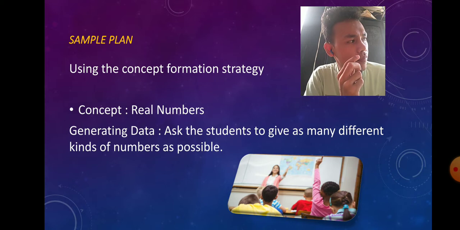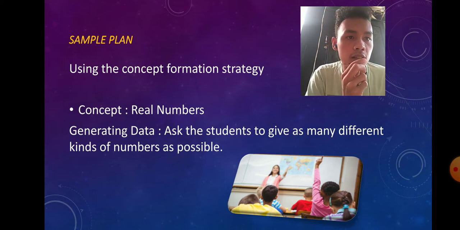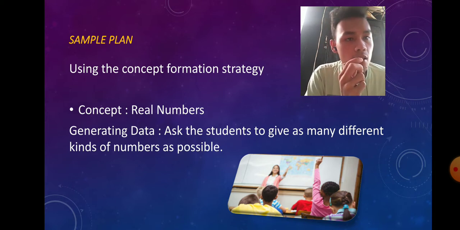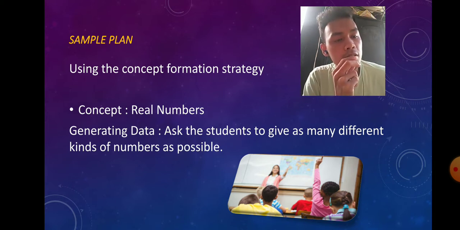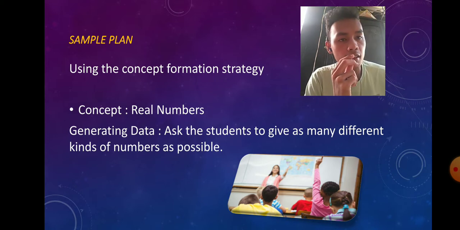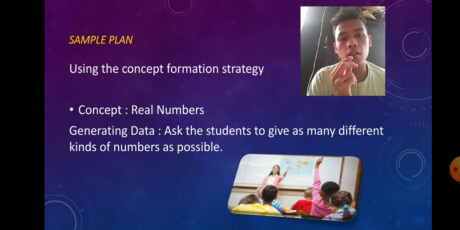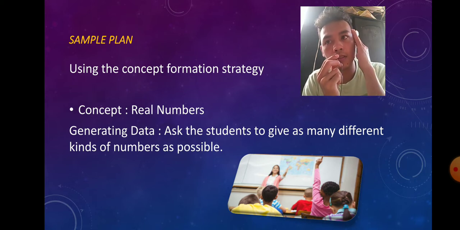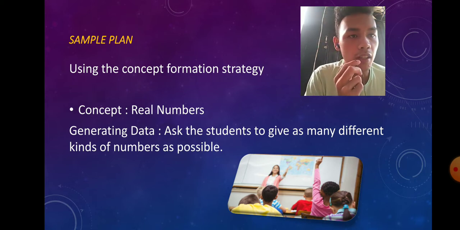What I mentioned earlier is, if you give some kinds of integers, then they may tell us if it is negative or positive. Then after that, their minds will think more.